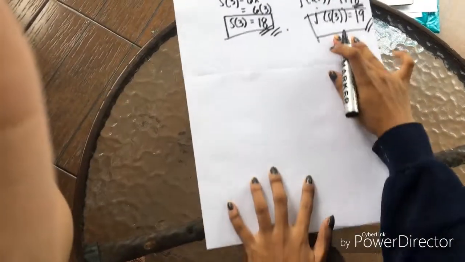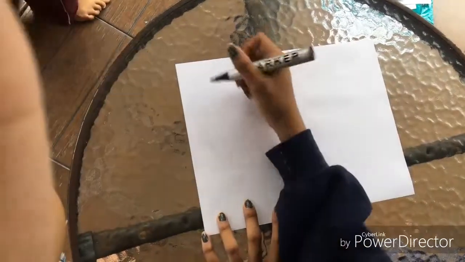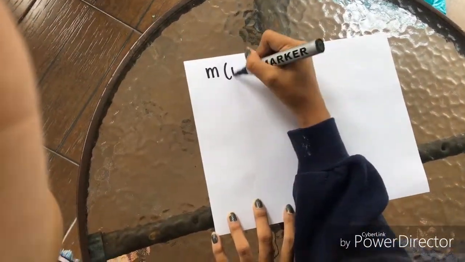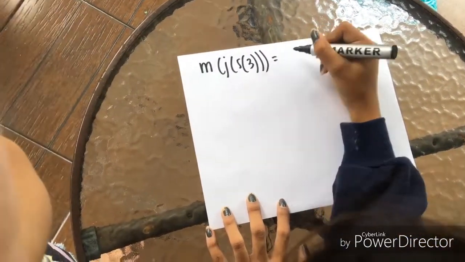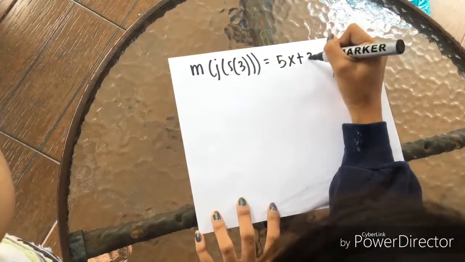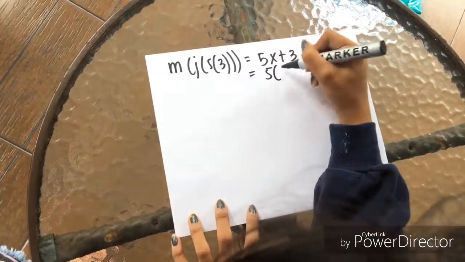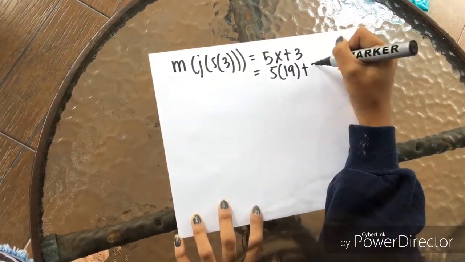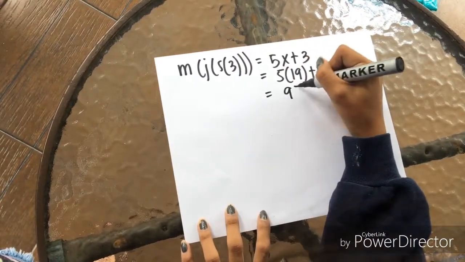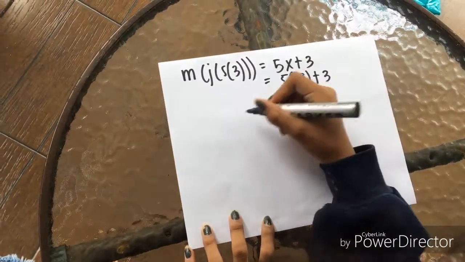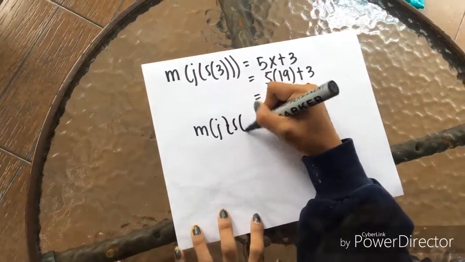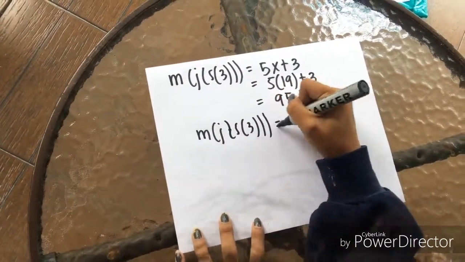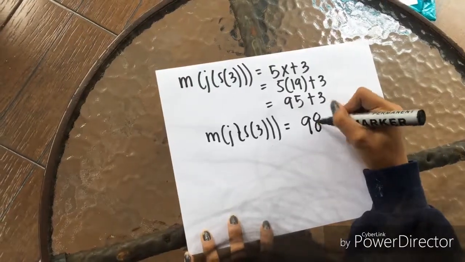Next to find is M of J of S of 3. That will be 5x plus 3, and we'll substitute the value of what we got from J of S of 3. That will be 5 times 19 plus 3, and 95 plus 3. M of J of S of 3 is equal to 98.